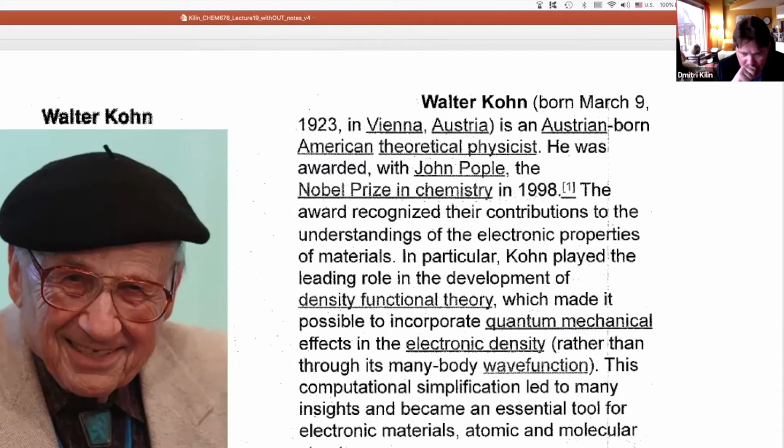And his main contribution, which we didn't start, we will probably cover it next week, is conversion of the principles of density functional theory, which we are already more or less acquainted with, into the flow chart that looks in a very similar way as a flow chart for the Hartree-Fock theory. So-called self-consistent procedure.